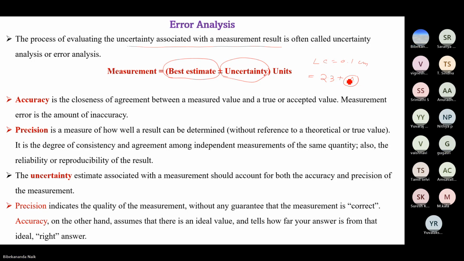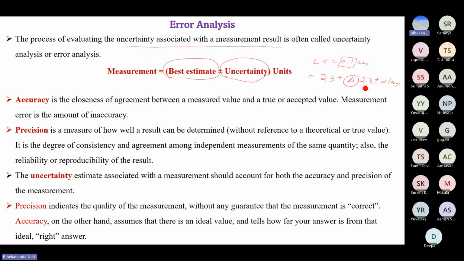For more precise measurement, we need other devices with a smaller least count. So we can say this is 2.3, and since the least count of this device is 0.1, we can say 2.3 plus minus 0.1 centimeter. This is the value, and the uncertainty is given in terms of the plus or minus sign.